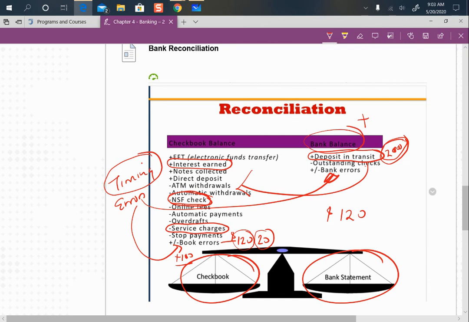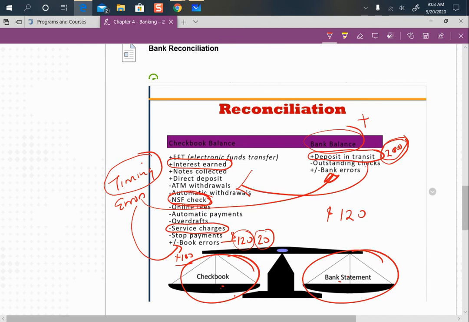And by so doing, at the end of the day, the two balances are going to balance. They're going to be the same. If they're not the same, you just have to repeat and identify where you made an error. So again, we're going to walk through an example that demonstrates how you go about undertaking the bank reconciliation.